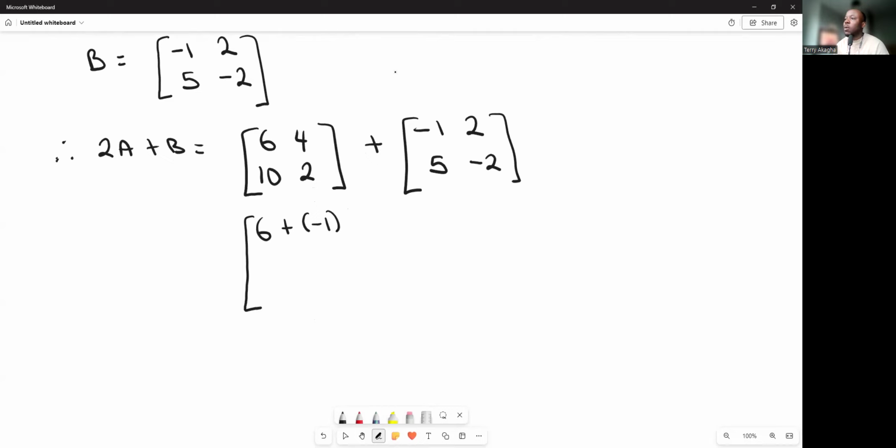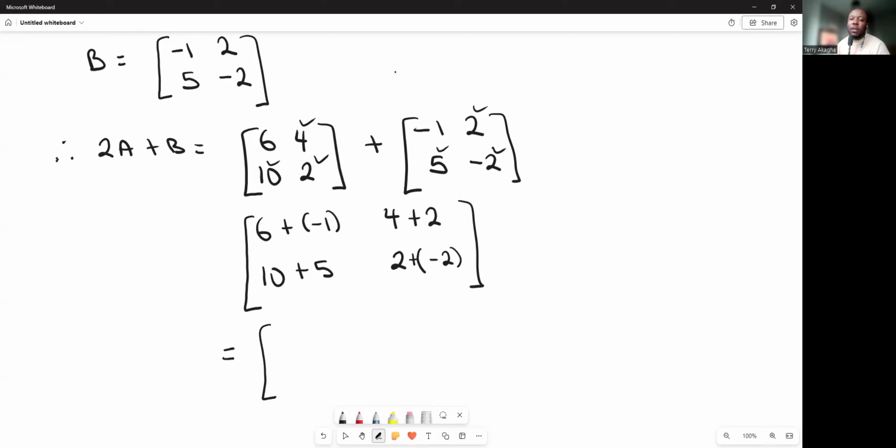Then the next one will become the 4 and 2, so it's going to become 4 plus 2. Then the next one, 10 and 5, so it's going to be 10 plus 5. And the last one is going to be 2 and -2, then we have 2 plus minus 2.